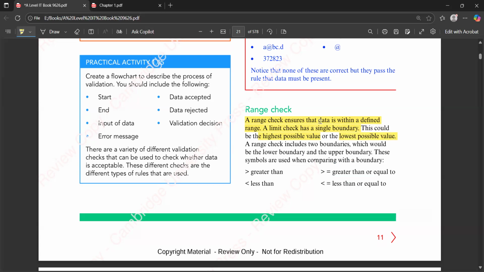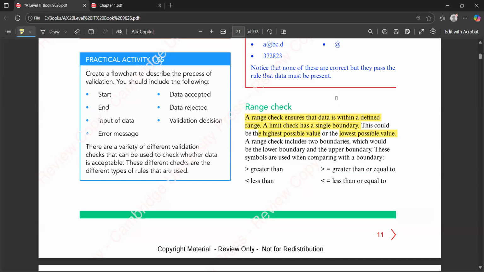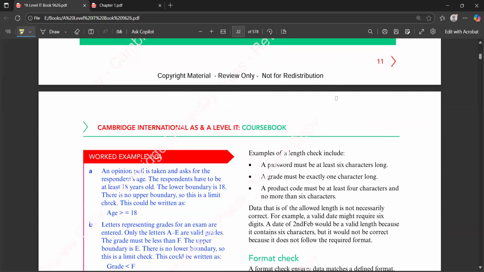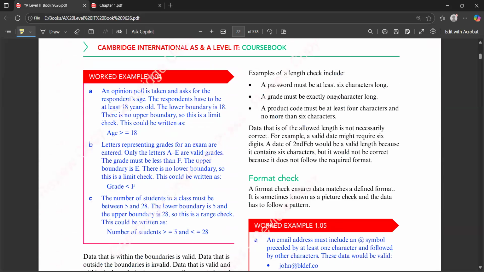So we can utilize a range check that includes two boundaries, the upper boundary and the lower boundary. You can work with symbols such as greater than, less than, greater than or equal to, less than or equal to. Here are some worked examples. Can you explain these three examples one by one, A, B, and C?